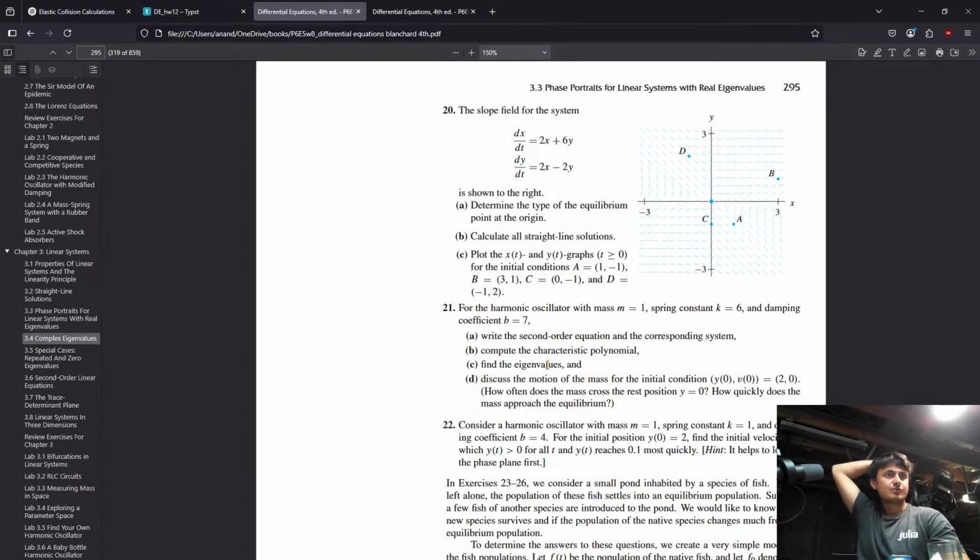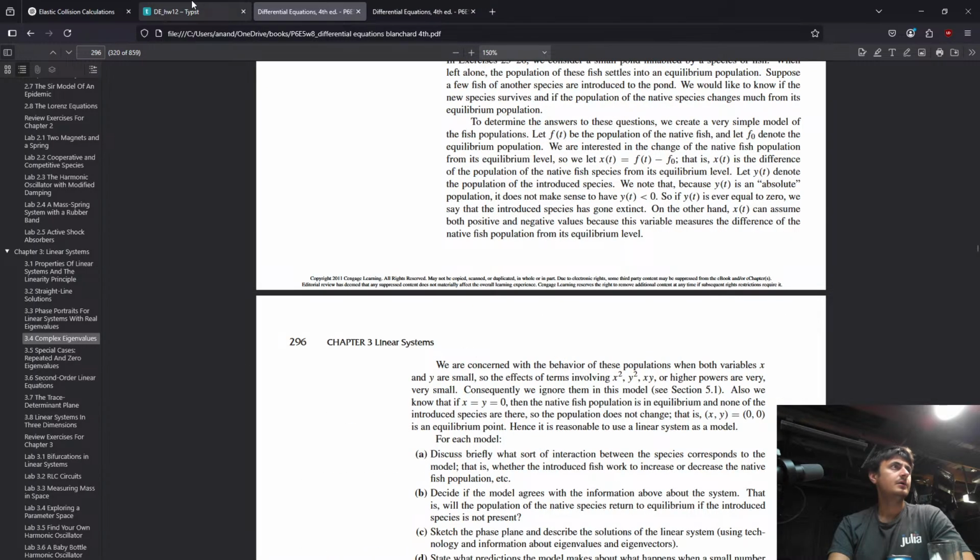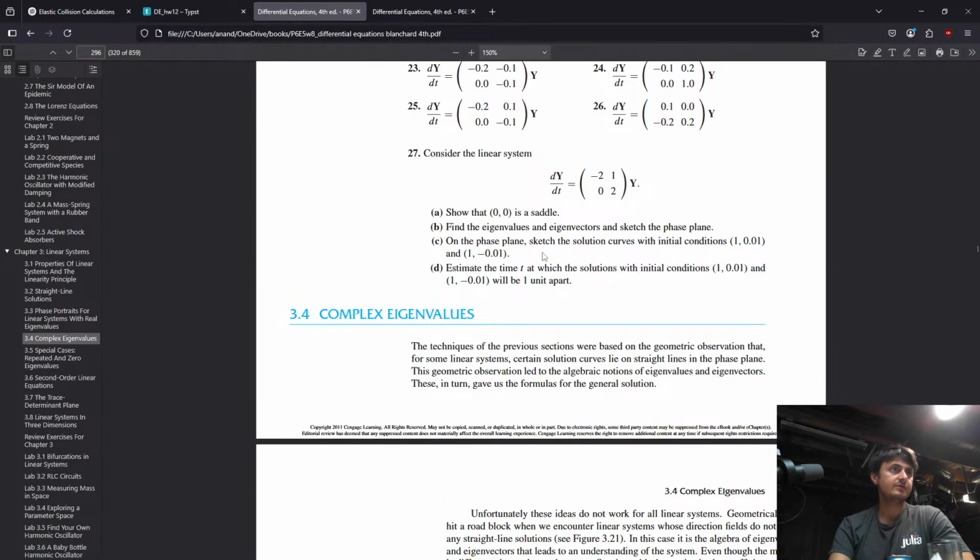It should cross it infinitely often, because it's going to oscillate around it forever. Okay. And 27.